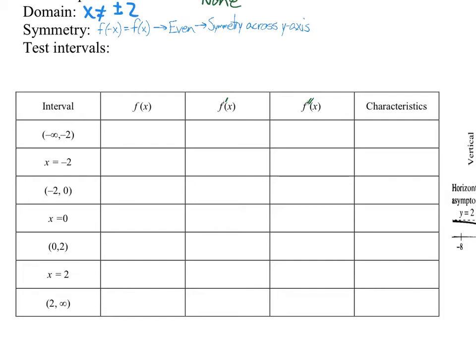You're going to do it regardless to answer a question. It's a matter of how you organize it. Basically, this is a vertical asymptote, and there's another vertical asymptote at 2.